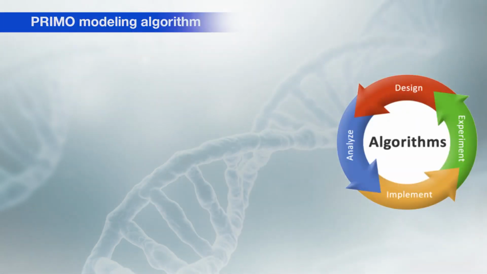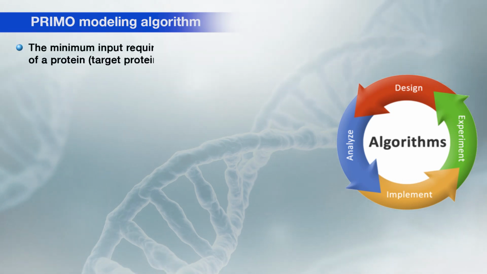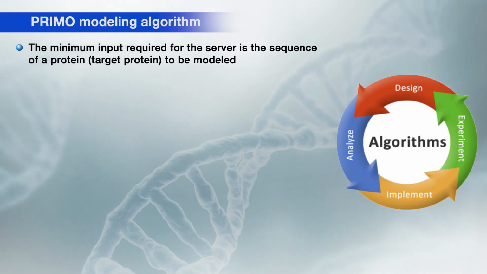Now, let us see the PRIMO modeling algorithm and what algorithm is being used. The PRIMO modeling algorithm is also displayed in the figure and we can see it stepwise. The minimum input required for the server is the sequence of the protein, known as the target protein, which needs to be modeled.